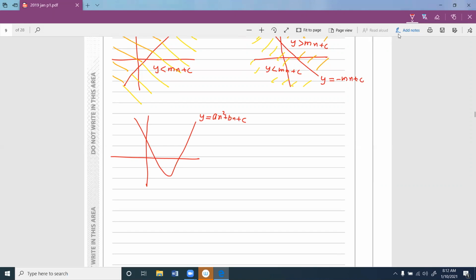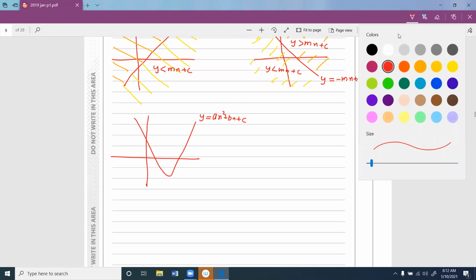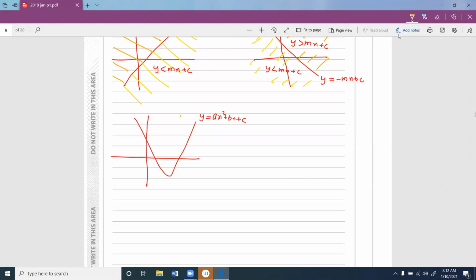Now this quadratic breaks the region into two separate areas. In between, this part is one area, and the other one is totally outside. That is this bit. This part is totally outside area.